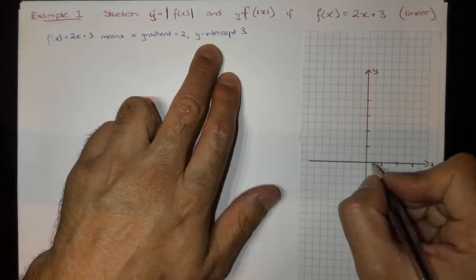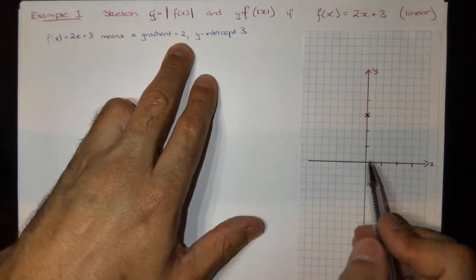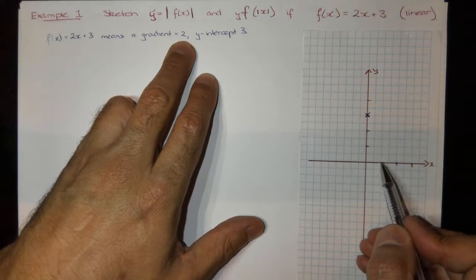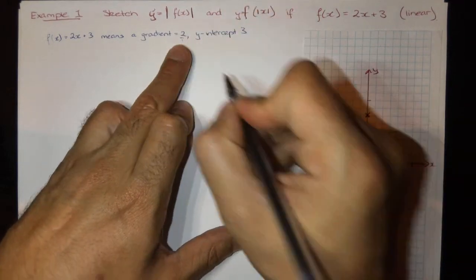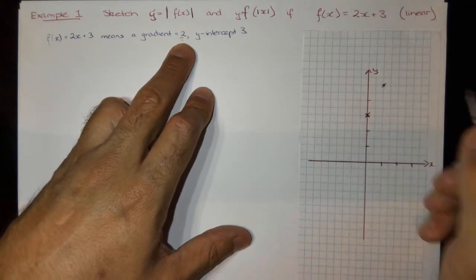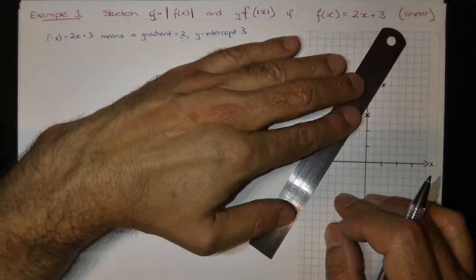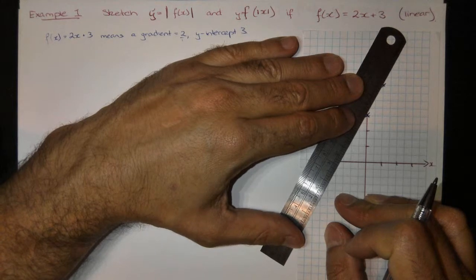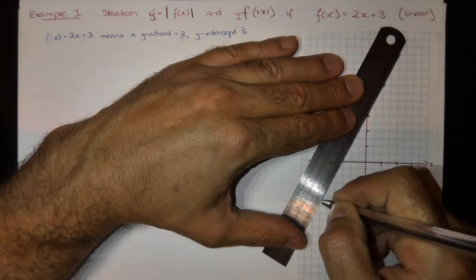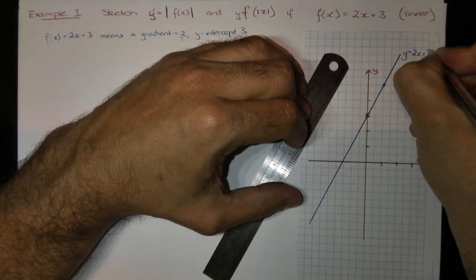We've got a y-intercept of 3, and a gradient of 2, which means for every 1 unit I go across, I go up 2, because this is 2 over 1: a rise of 2, a run of 1. And using a ruler, and I must stress this, using a ruler, I am going to draw my function, y equals 2x plus 3, my linear function.